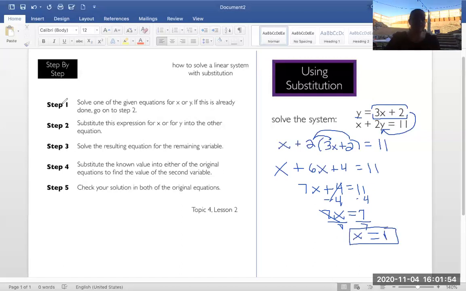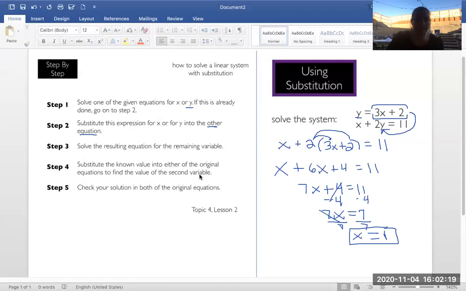So we have done step 1, except that one of the equations was already solved for x or y, and in this case it was solved for y. If this is done, we went to step 2. Substitute this expression for x or y into the other equation. We did that here.